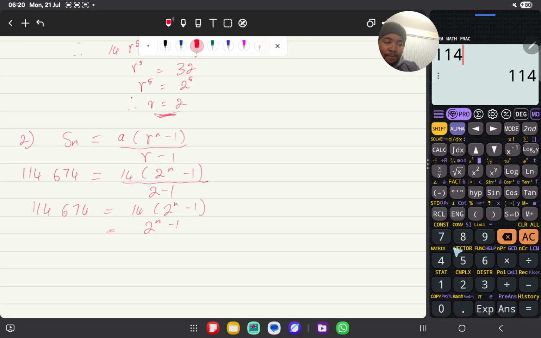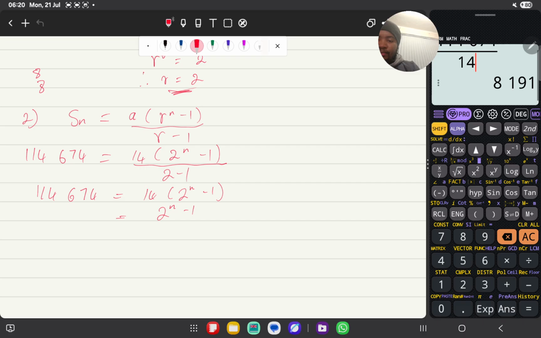Dividing 114,674 by 14, and then this one goes to that side.